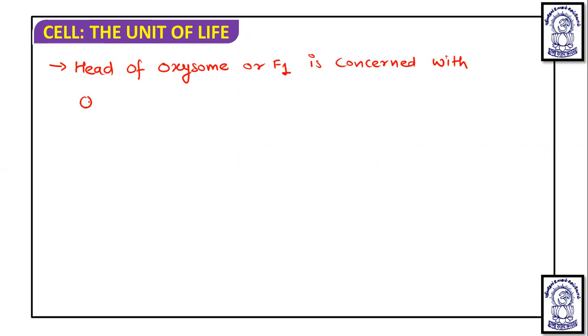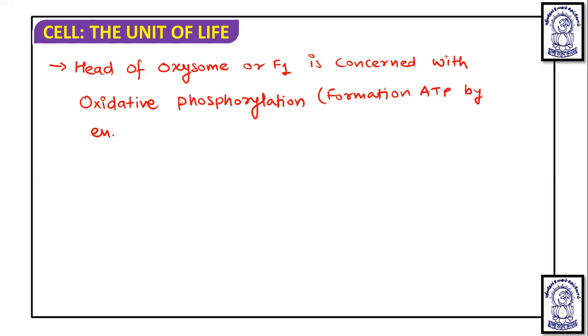Okay, so it is known that the head of the oxysome, or F1, is concerned with oxidative phosphorylation, that is formation of ATP by energy of oxidation.